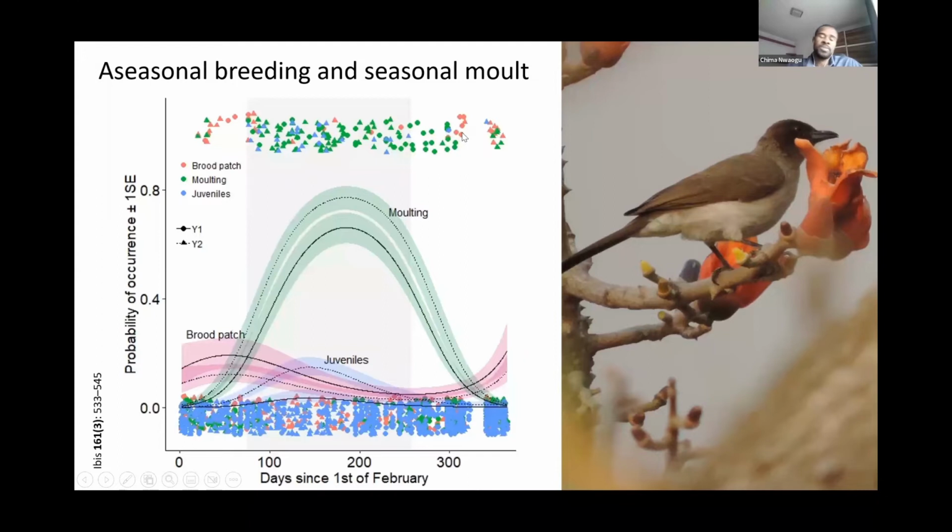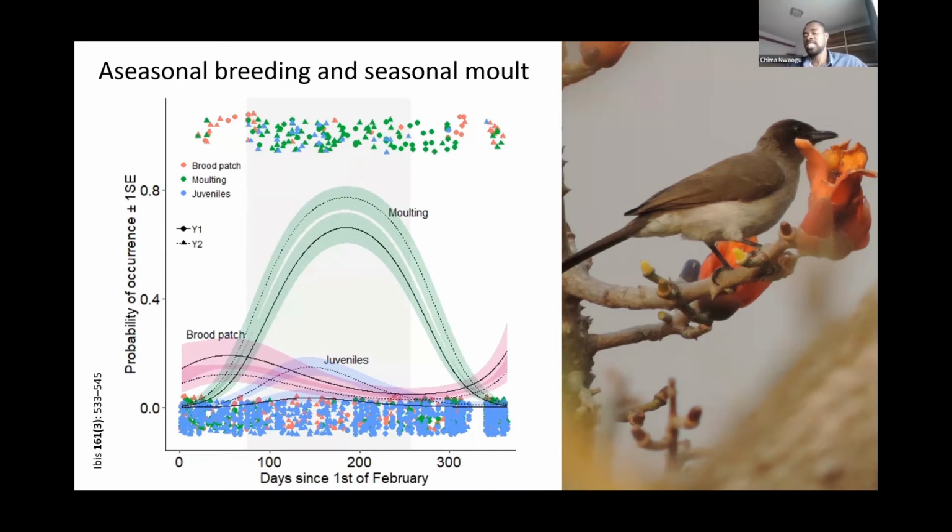But then we saw that birds molted at the same time every year, suggesting that despite year-round breeding, birds still molted at the same time. So year-round breeding doesn't prevent the birds from maintaining molt seasonality, and molt was restricted to the wet season when conditions are better in the environment.